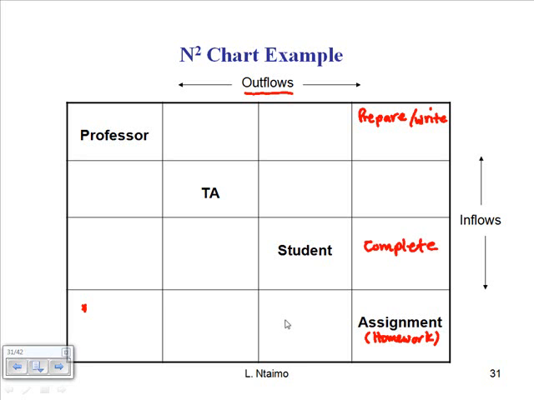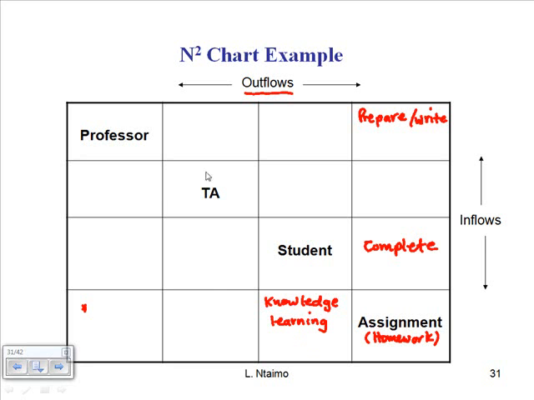What does the student get out of the assignment? They can get knowledge. Very good. Maybe that's what provides learning for them. Sometimes assignments can be frustrating. So maybe it can provide frustration, but we hope it doesn't in this course. So anything that the assignment would provide to the student, you would put it here.